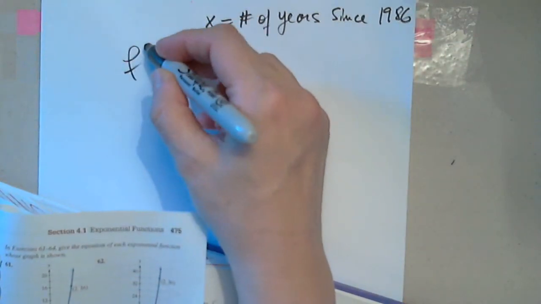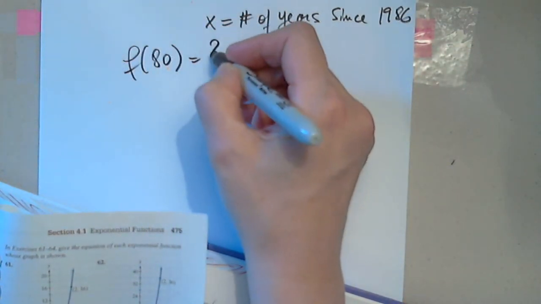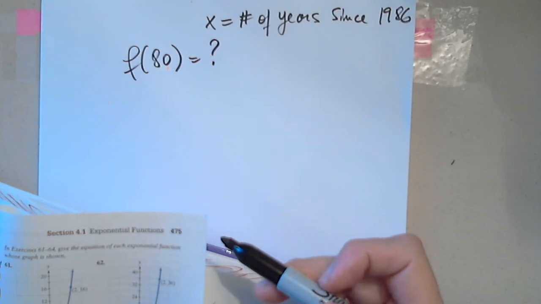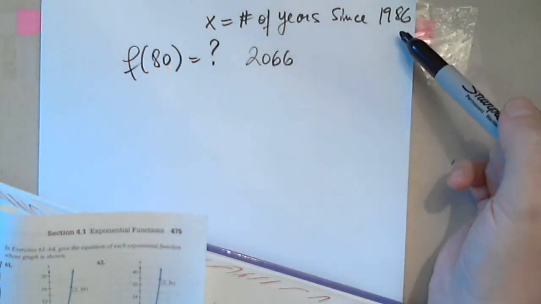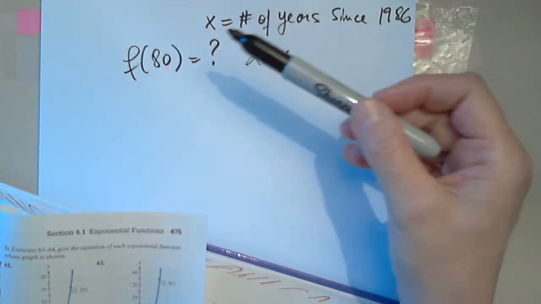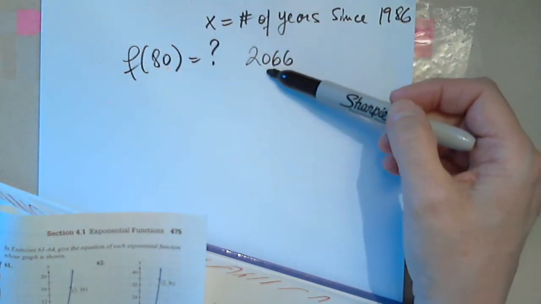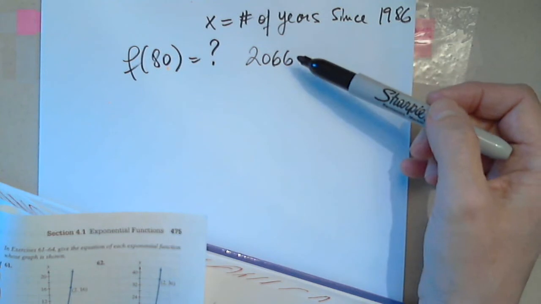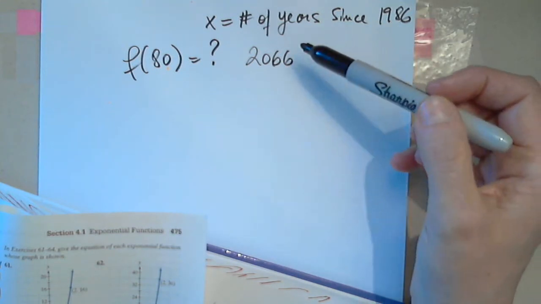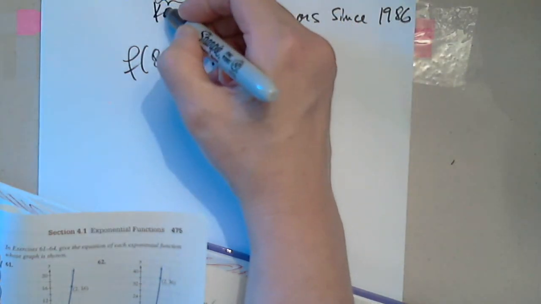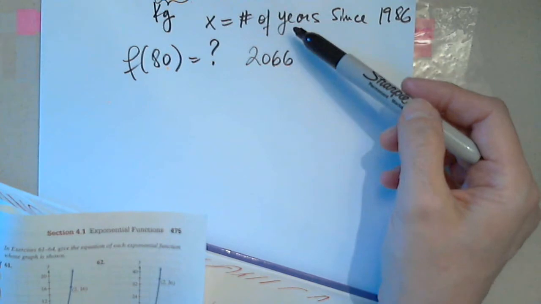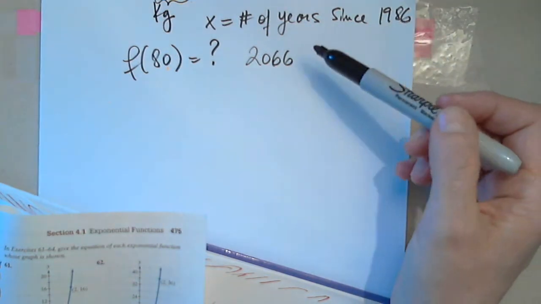They're asking us to find f of 80. 80 being the year 2066. So if we add 80 years to 1986, we get the year 2066, 46 years from now. So this is the amount of radioactive substance in the atmosphere in kilograms. X is the number of years since 1986.